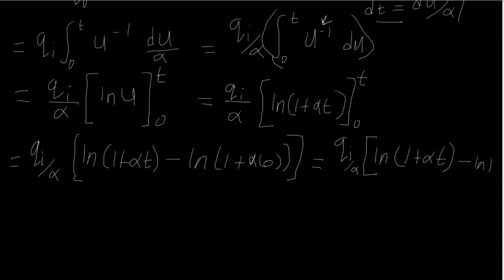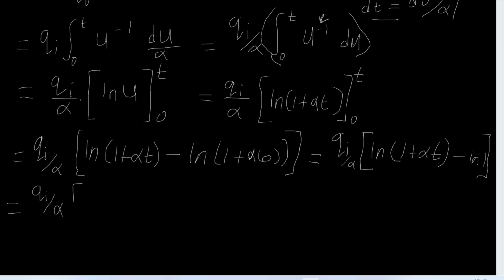Then we close the brackets. The natural log of 1 is 0. So we have qi over alpha times the natural log of 1 plus alpha t. This is our expression for cumulative production if we are given the time.